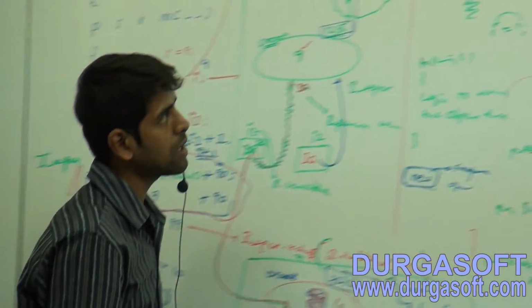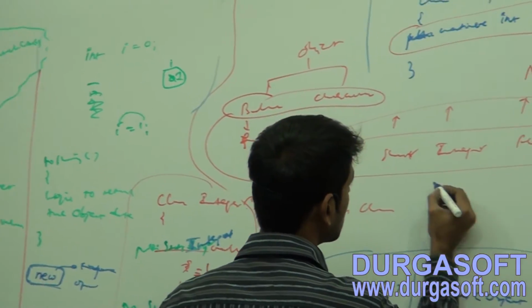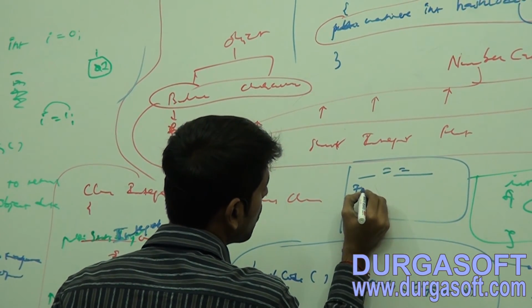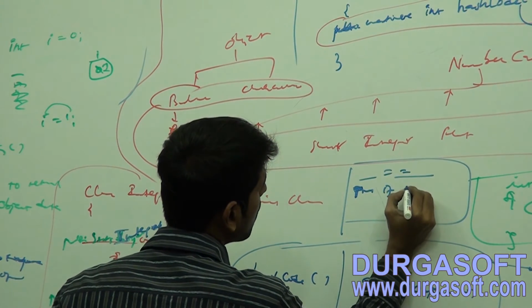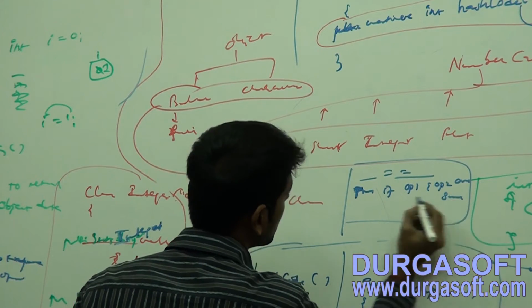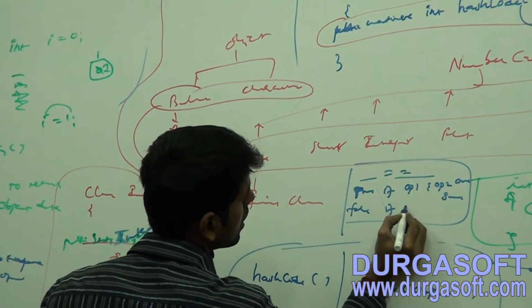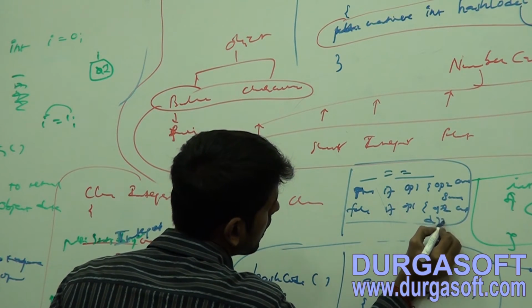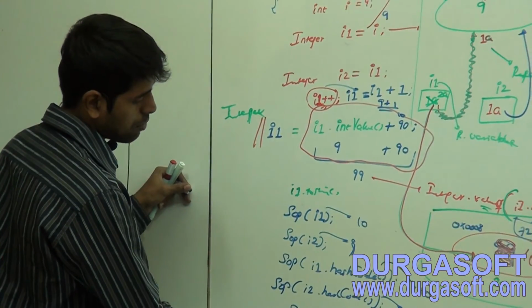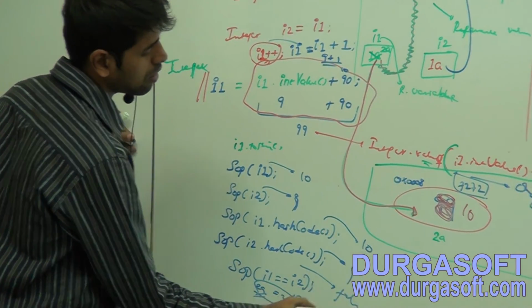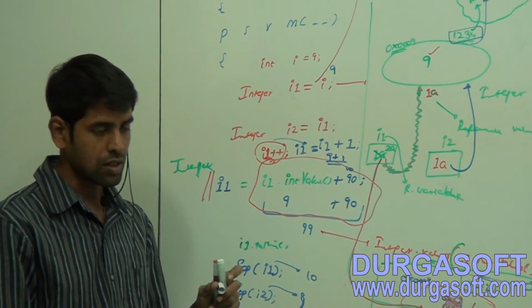What is the double equals operator behavior? It will return true if operand 1 and operand 2 are the same. It will return false if operand 1 and operand 2 are different. Now observe here. Operand 1 is 2a, operand 2 is 1a. Both are different, so the answer is false.